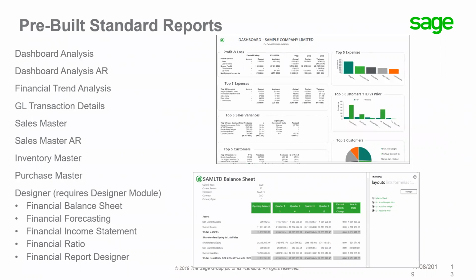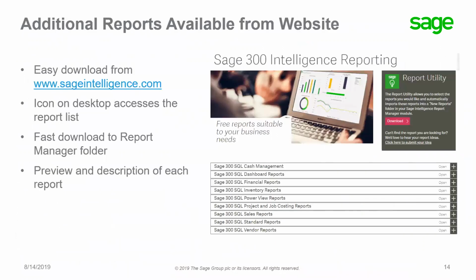And they're reports that you can run, and they're populated with your data from Sage 300. Quite a lengthy list, but there's more. We have additional reports available from our website. So you can go to our website specific to Sage 300 intelligence reporting, and you can see a list there of all the reports that we have built and additional ones that we can make available for you.